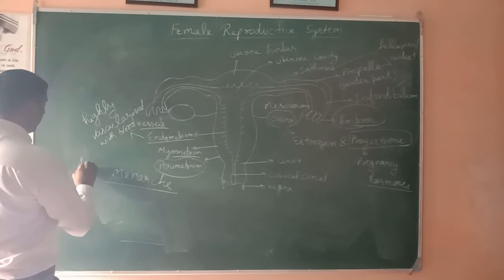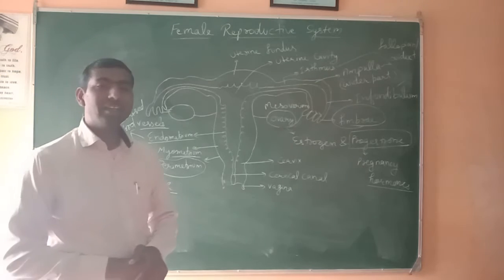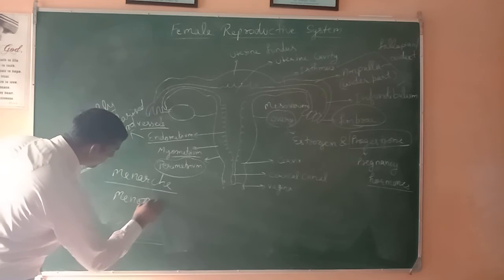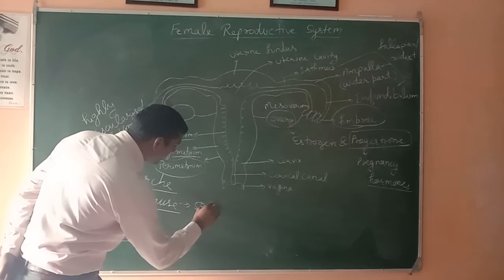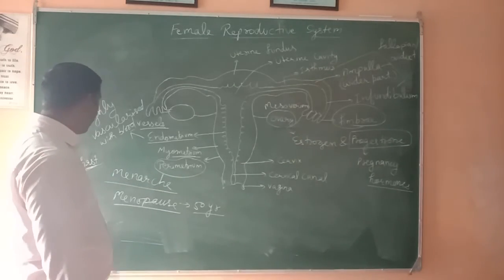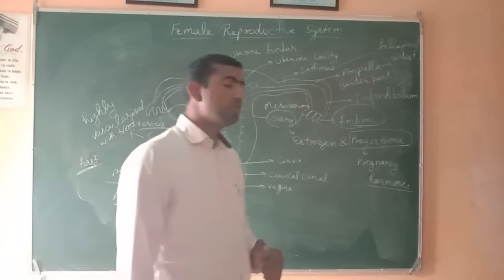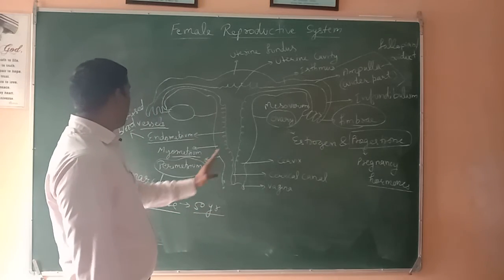The end of the menstrual cycle is known as menopause. It occurs at about 50 years of age of the female, and the first menarche takes place during the adolescence period.